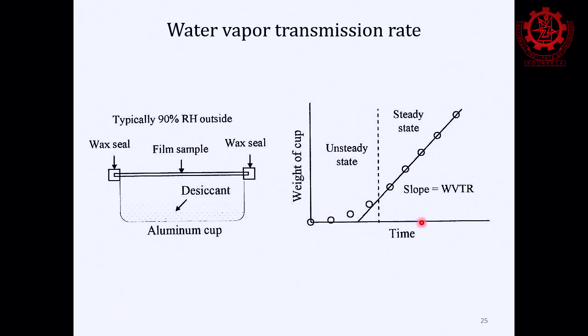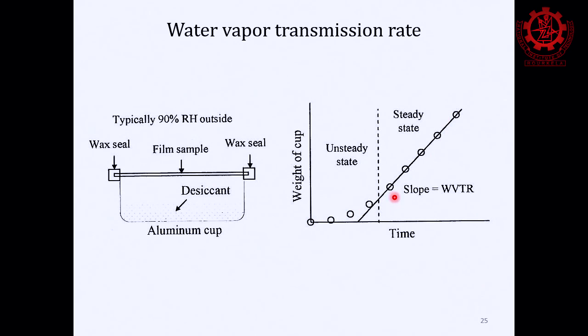And then this is the kind of graph you will get. Slowly the weight of this desiccant will increase because it is absorbing, so at certain regular intervals of time you measure the weight, and you would see it follows this curve.